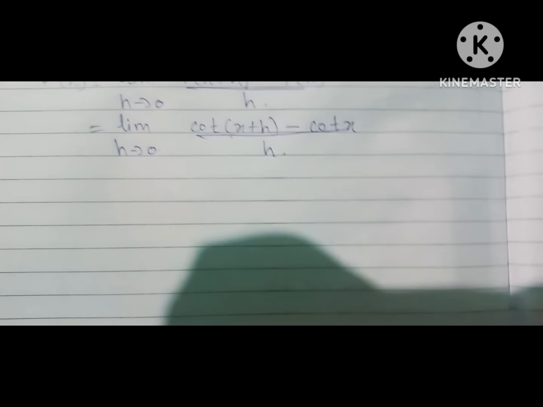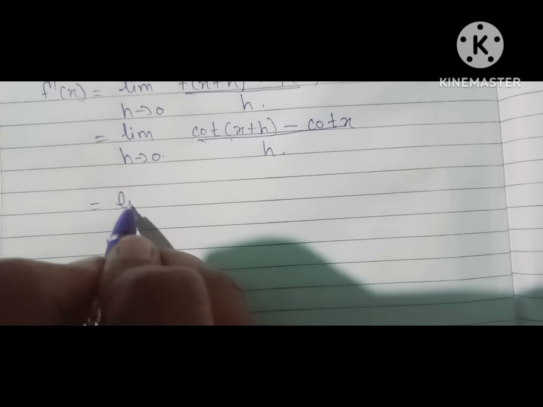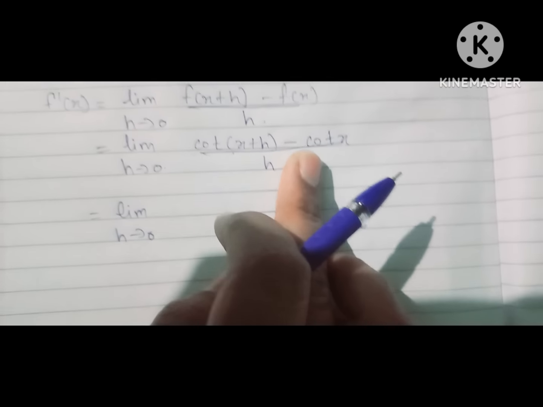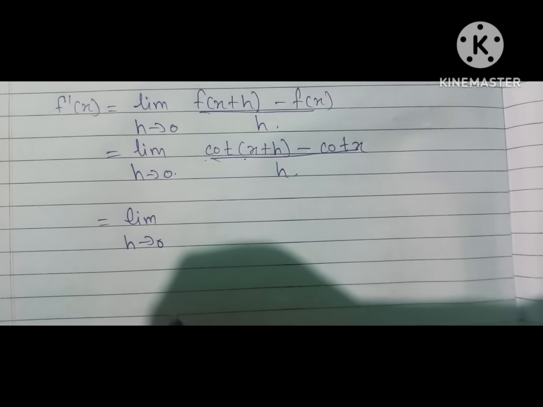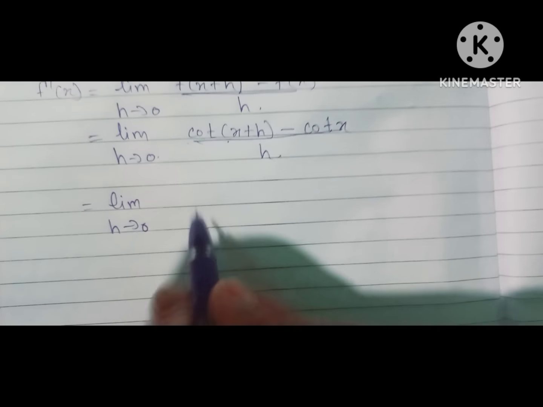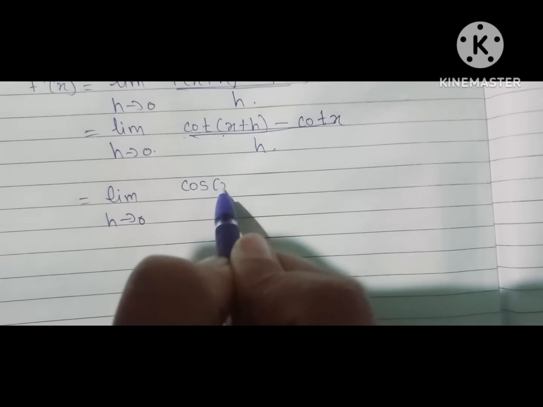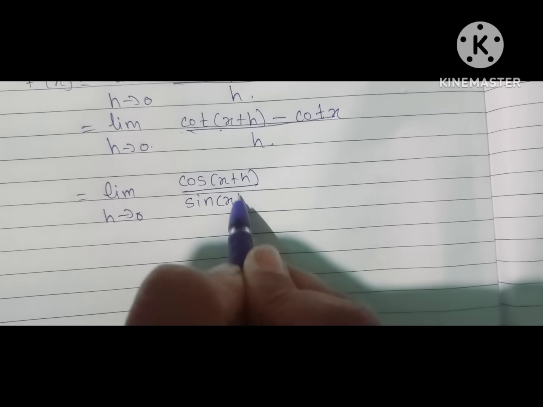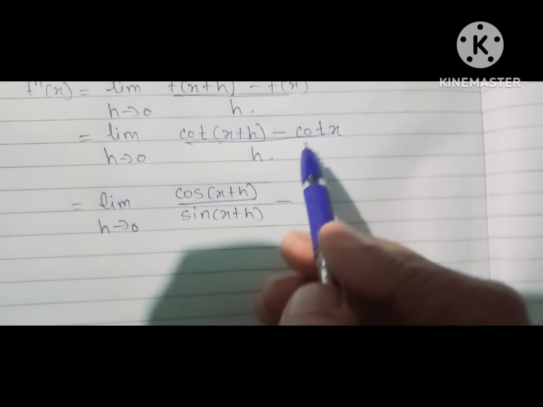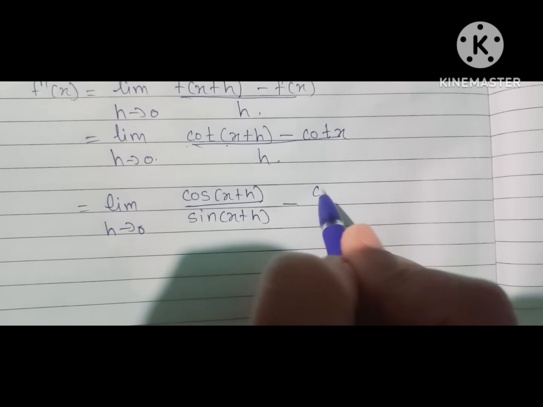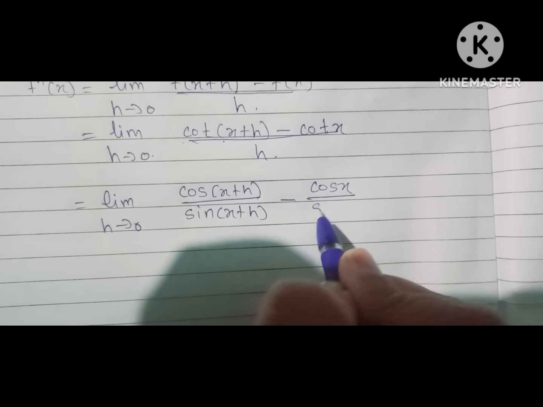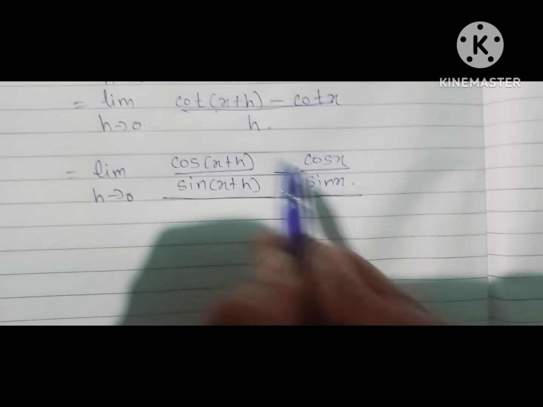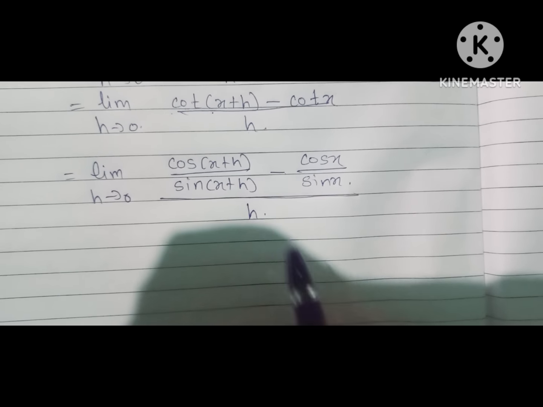So our first duty is to convert this cot into sin cos format. What is cot theta? Cot theta is cos theta upon sin theta, and the denominator is h.